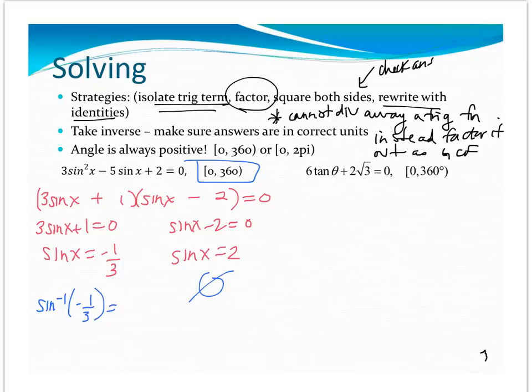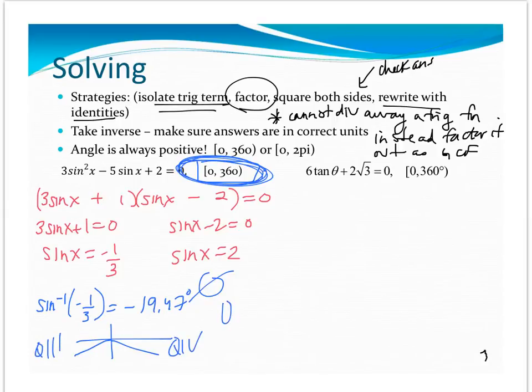Now, when I type this in, my calculator is going to give me this answer, negative 19.47. It gives me this answer because the calculator knows that the restrictions have to go from negative 90 to 90. However, I'm asking you to give me an answer from 0 to 360. So we want to visualize this reference angle is 19 degrees below the axis in quadrants 3 and 4.